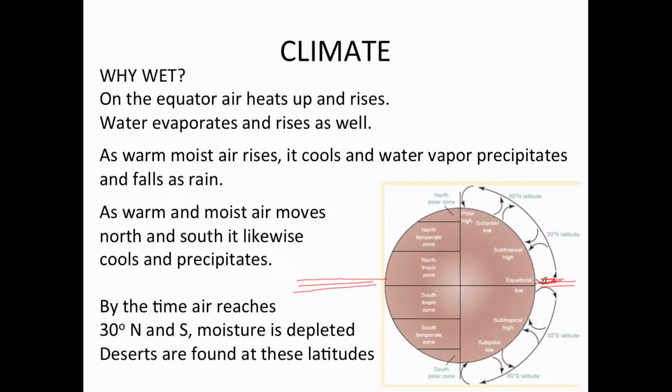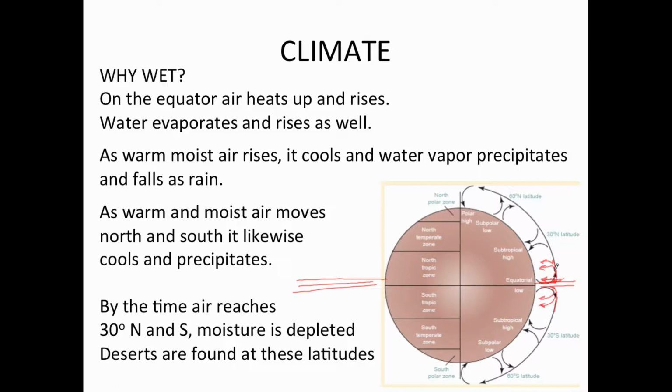So moist air that doesn't happen to fall right down the equator would then go south or go north. And as they do that, it's cooler in the southern and northern hemisphere. And so the water vapor then would become liquid instead and fall as precipitation. So not just on the equator, but the areas just to the north and the south of the equator are also susceptible to a lot of rainfall.